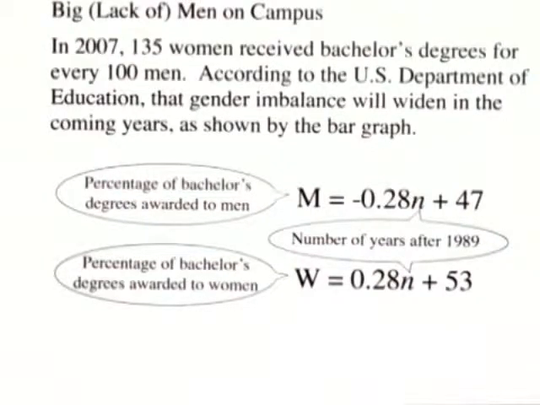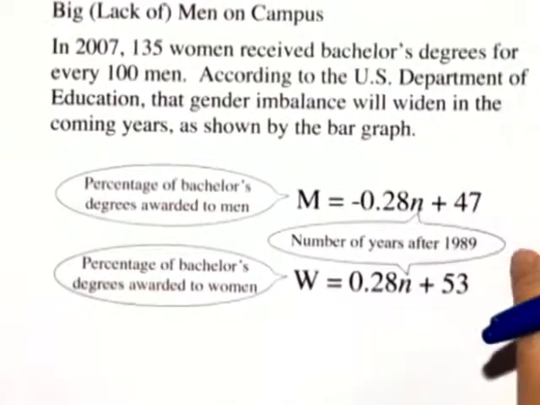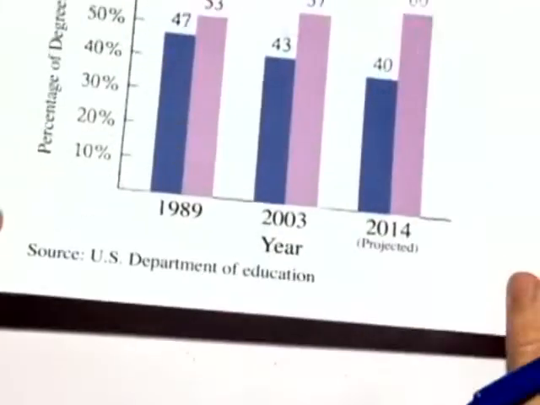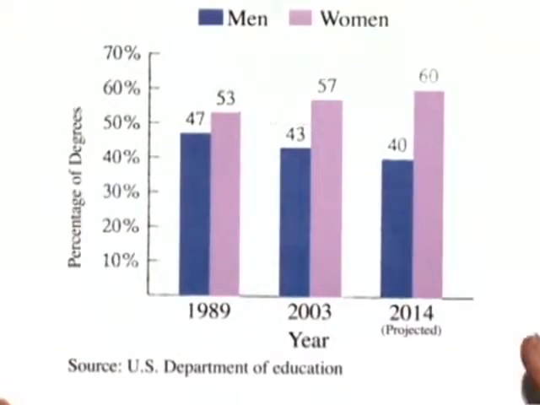It's important to note in our formula that n represents the number of years after 1989. So the bar graph shows the percentage of bachelor's degrees awarded to United States men and women. And we have three time periods shown: 1989, 2003, and 2014.